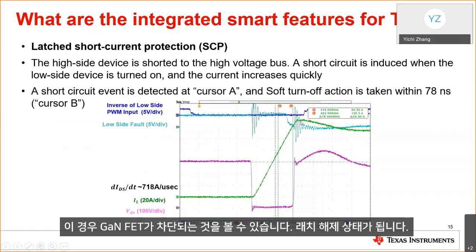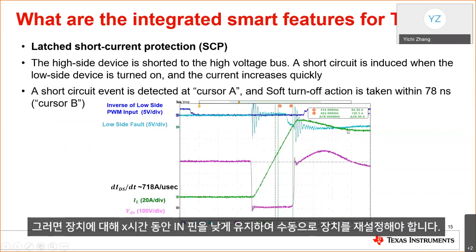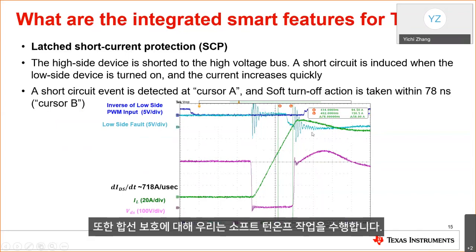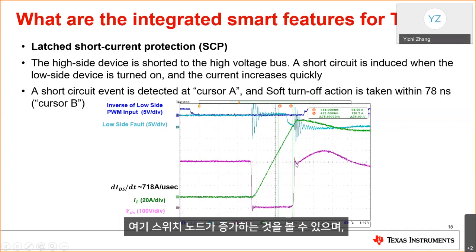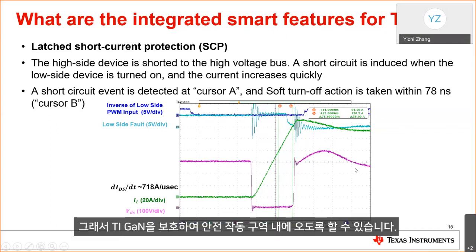It's in a latched-off condition, and you will have to manually reset the device by holding the IN pin low for a certain amount of time. For short circuit protection, we also have soft turn-off action. Over here, you can see the switch node ramp up without too much overshoot, so it can protect our device to stay within the safe operating area.